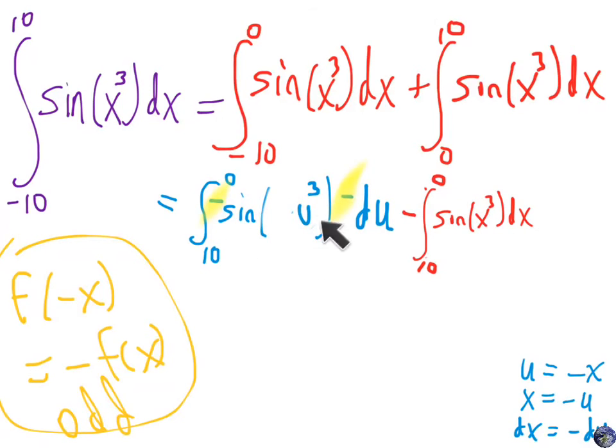The u is a dummy variable, and so is the x. It doesn't actually do anything. This is just some specific number, and I don't know what this number is, but whatever it is, I'm subtracting off that same exact number again. This is just the area under the curve from 10 to 0 of sine x cubed. This is the area under the curve from 10 to 0 of sine u cubed. They're the same, right? So when you subtract them, you have to get 0.